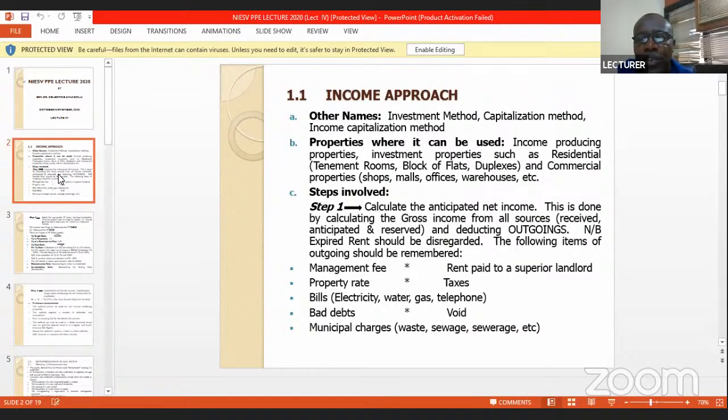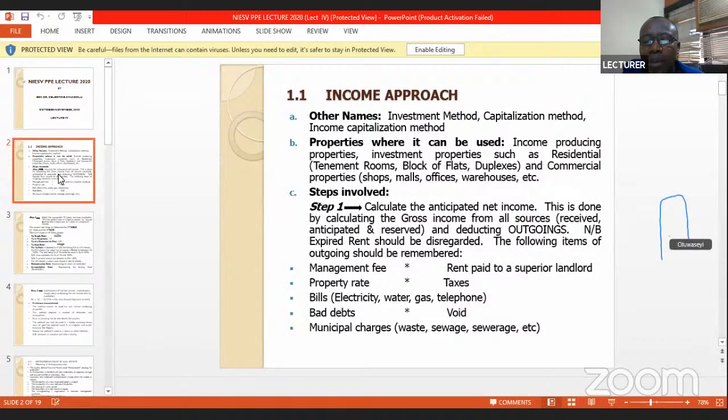Valuation is not done with gross income because when the landlord receives his income, he has to deduct some expenses he has to make. So those expenses must be deducted. We must not make the mistake of valuing a property with gross income. It will lead to overvaluation.